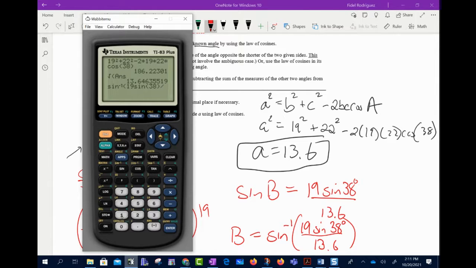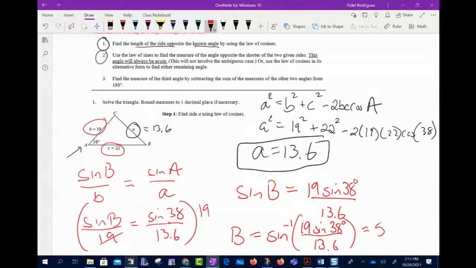And then I'm going to divide that by 13.6. And then I need to close the parentheses for the whole expression too, okay? So don't forget, if your calculator does open up parentheses, or if you need to open up parentheses on your own, make sure you do so. Then we're going to hit equals. So we're coming up with B. Guys, one decimal place, 59.3 or 59.4? Okay, so good. We're going to go 59.3 degrees.